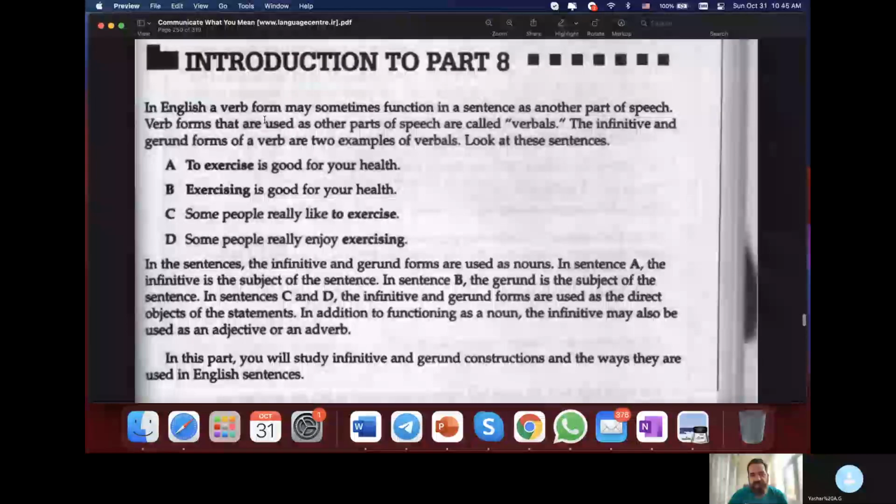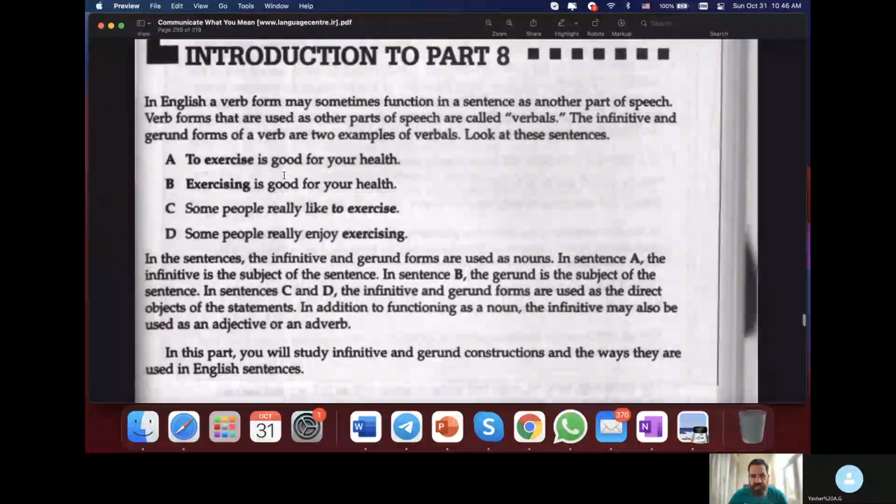In English, a verb form may sometimes function in a sentence as another part of speech, like subject or object. Verb forms that are used as other parts of speech are called verbals. The infinitive, مصدر با تو, and gerund, اسم مصدر ing دار, forms of a verb are two examples of verbals.